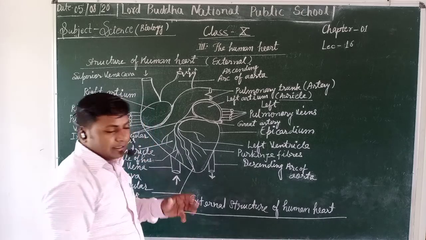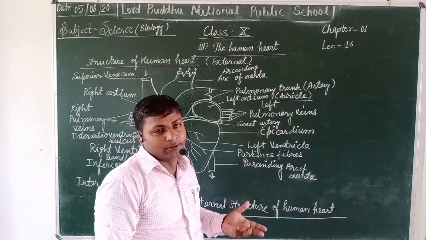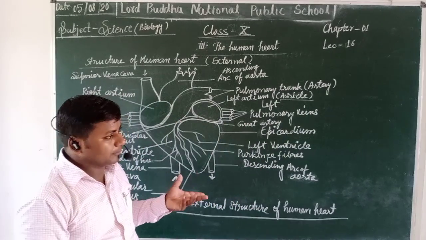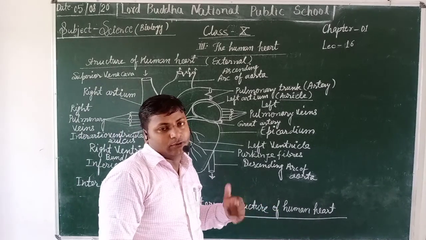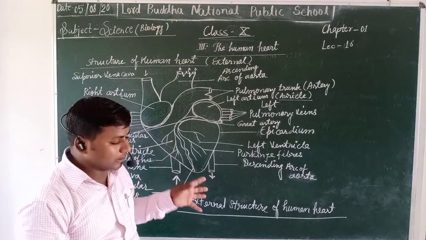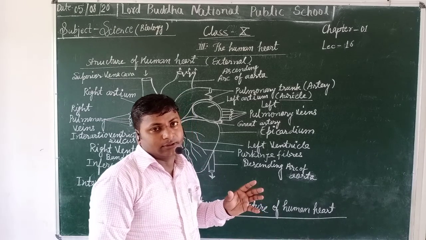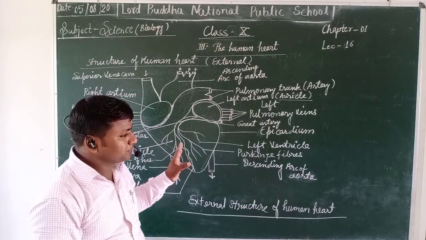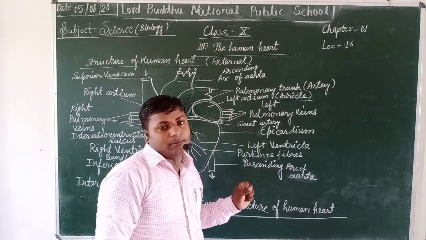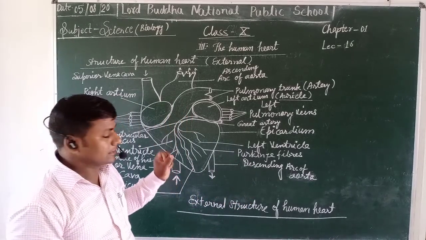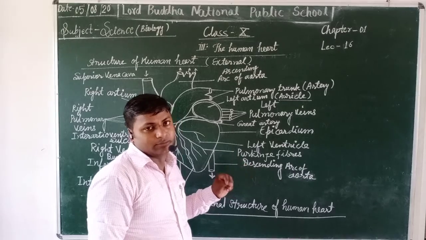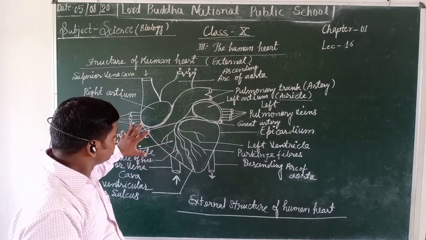It is a pinkish red colored structure, about 12 to 15 cm long, 7 to 7.5 cm thick, and 4 to 5 cm broad. Its weight is about 650 to 700 grams in an adult person.